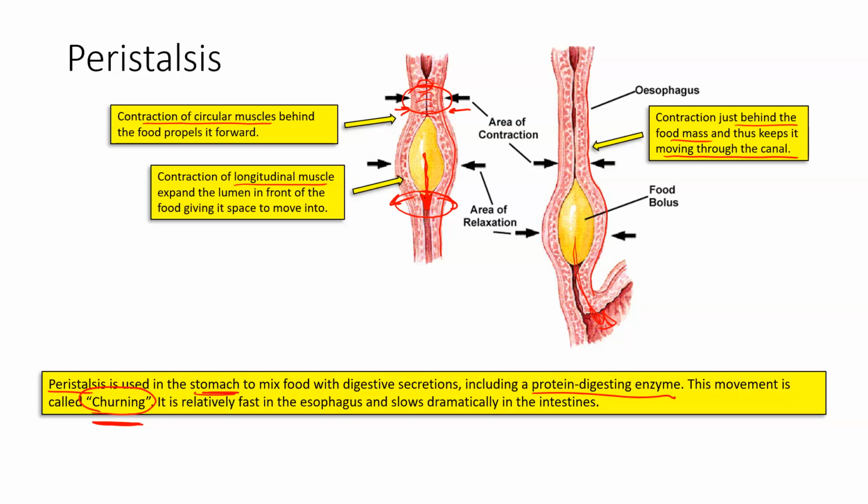Okay? Now, peristalsis moves in two different speeds. Peristalsis associated with the esophagus is really, really fast, and peristalsis with everything else, especially with the intestines, is very, very slow, and that's by design.